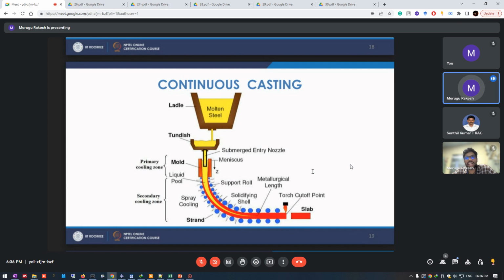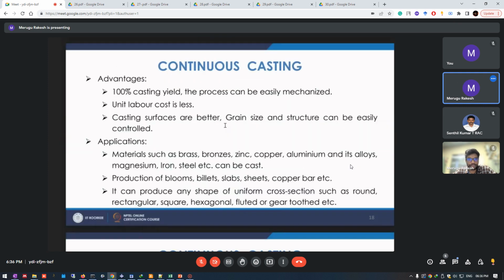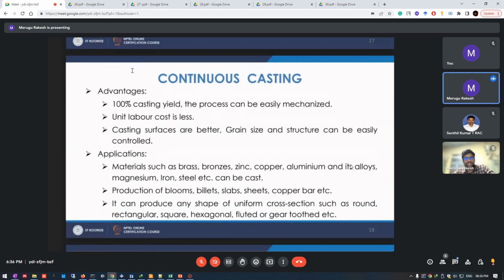So this is continuous casting. The yield is very high in this process. If you see, nothing is going to waste, everything is getting utilized. There is no gating system, nothing at all. Very little wastage is going, and very high yield we can produce in this continuous casting. So here we are getting 100% casting yield. The process can be mechanized completely.